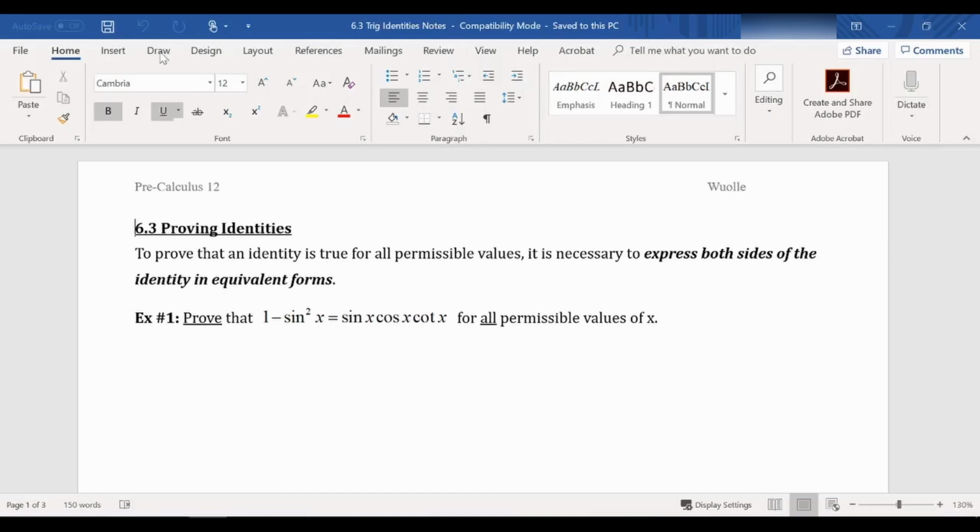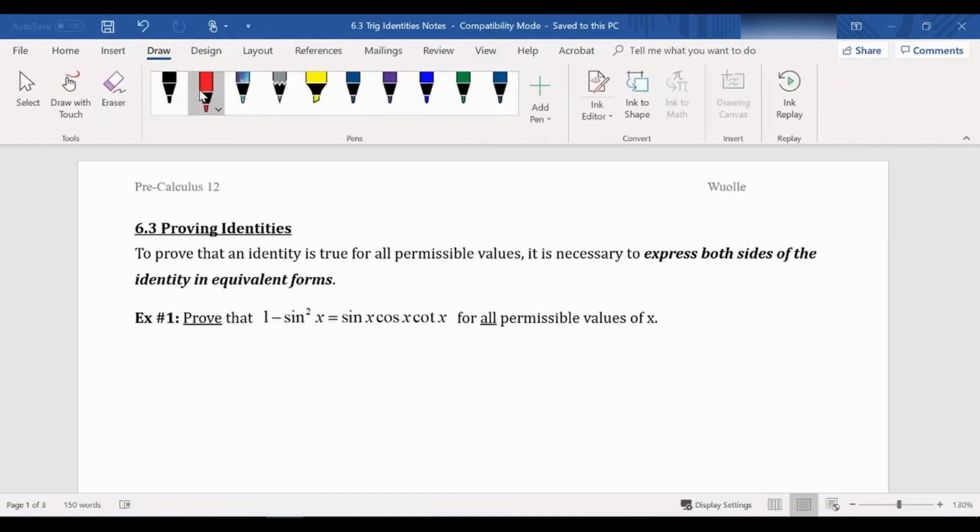So as soon as you see this word prove, this means you are going to work on the left-hand side and right-hand side of the equal sign separately. You will not move things from left to right across the equal sign. Okay?